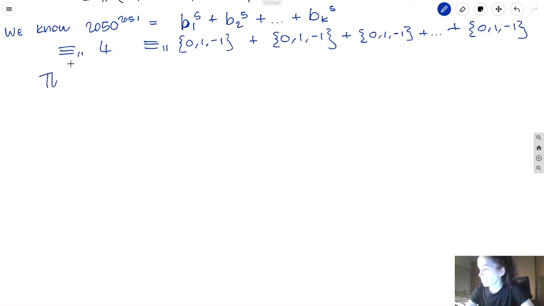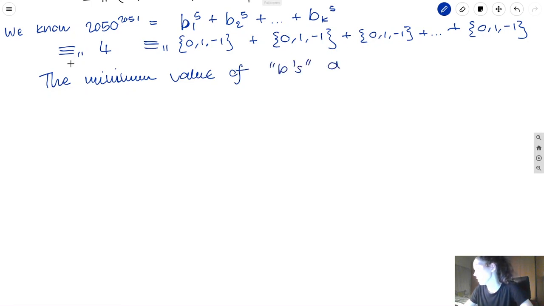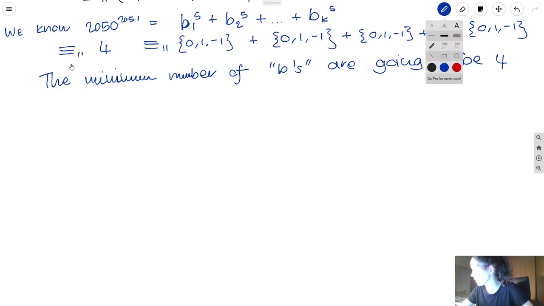So the minimum number of b's is going to be 4, so that we can say 1 plus 1 plus 1 plus 1 will equal 4.